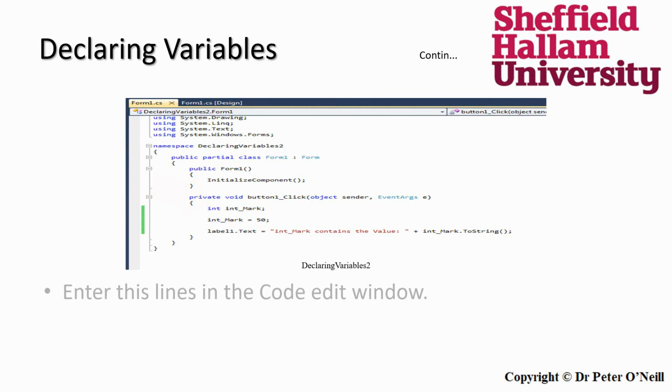Which in this case is "int mark contains a value: ", concatenated with a plus sign to int mark dot toString, open brackets, close brackets. When you run it now, it will display the value of 50 after the word value.